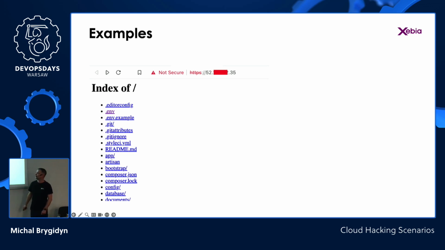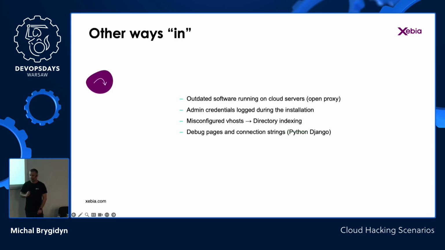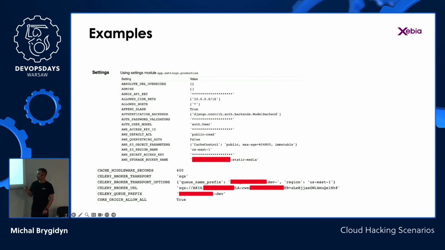processed by the server. Then we have debug pages, and in this example, Python Django. Python Django is doing a great job masking almost all sensitive information. Whenever they see a key in the name of the variable, they mask this. The same for passwords.